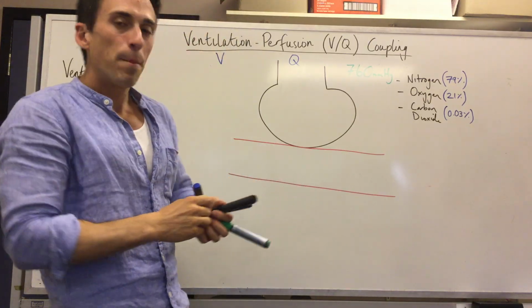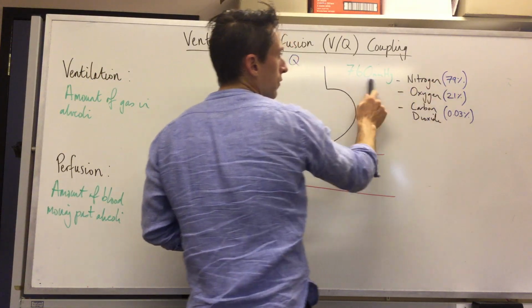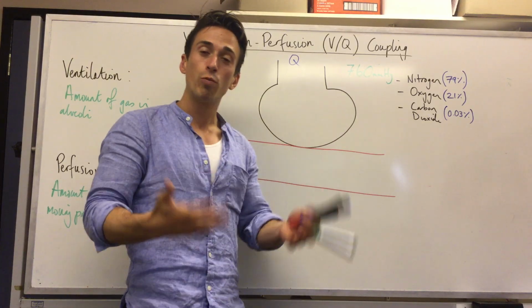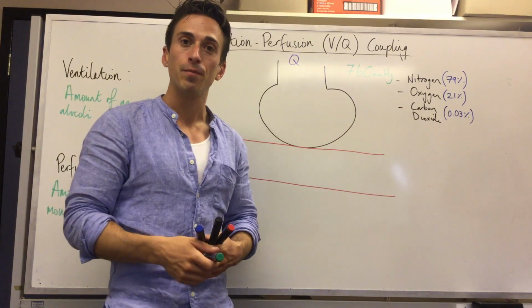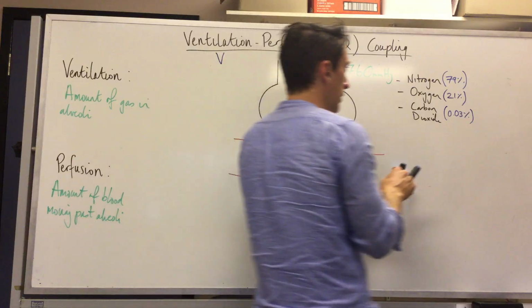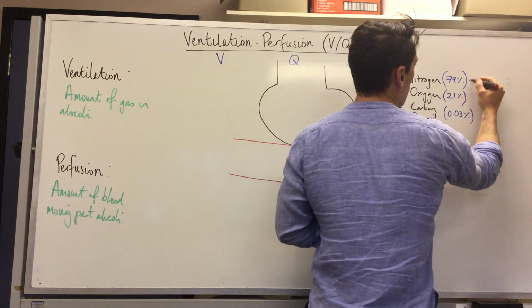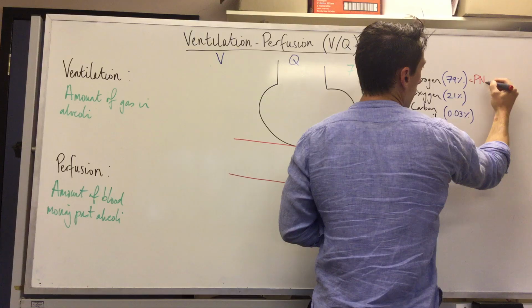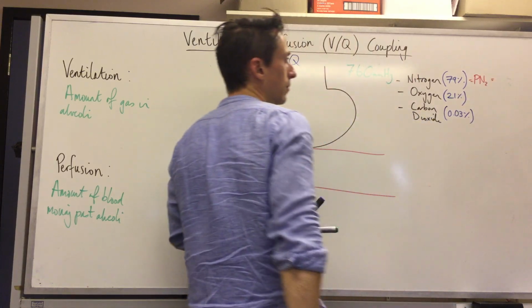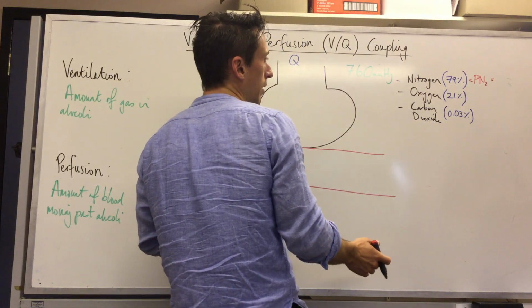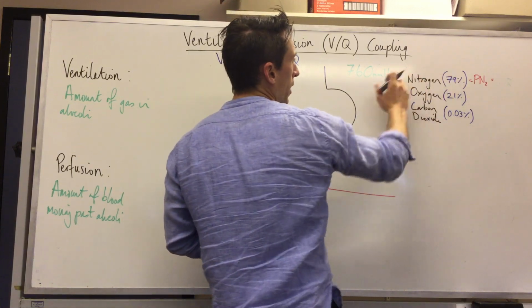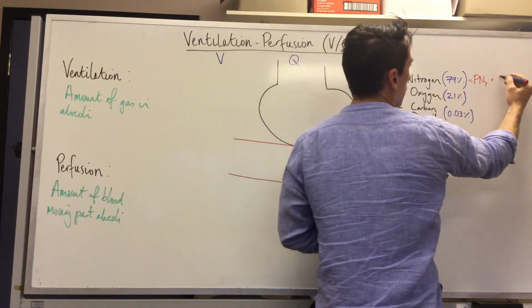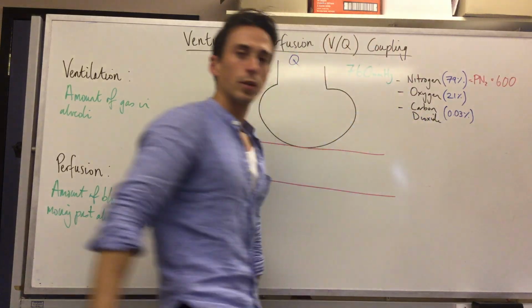Now, that means that if I were to take 79% of 760, I have the partial pressure of nitrogen in the atmosphere. Okay? And we would write that as P N2. And let's just see if we were to calculate that. The partial pressure would be around about 600 millimeters of mercury. Okay?